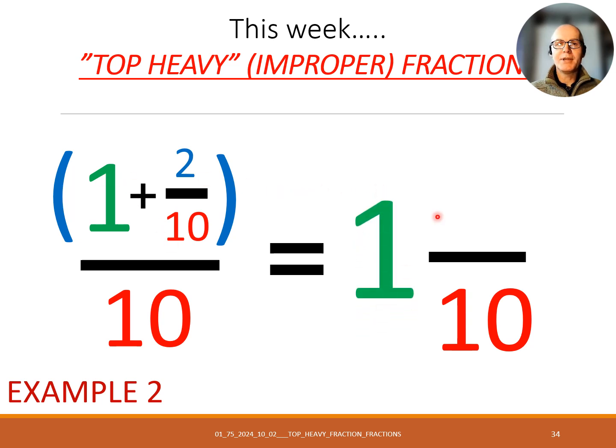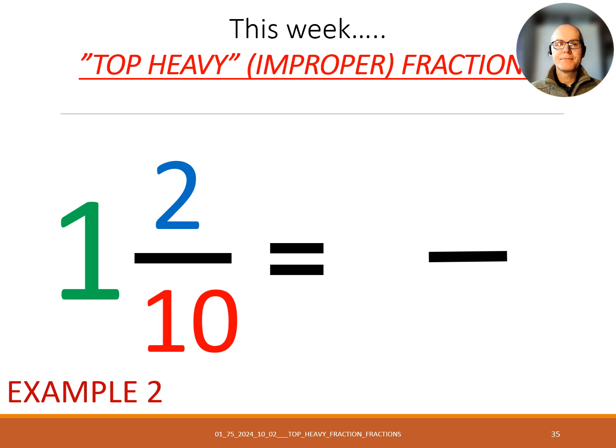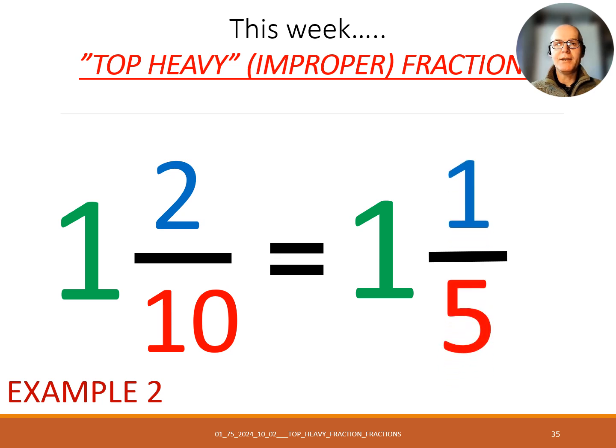One whole plus 2 tenths. Can we simplify that further? 1 and 2 tenths, can we simplify that further? Yes, we can. 1 and 2 tenths can be further simplified to 1 and 1/5.